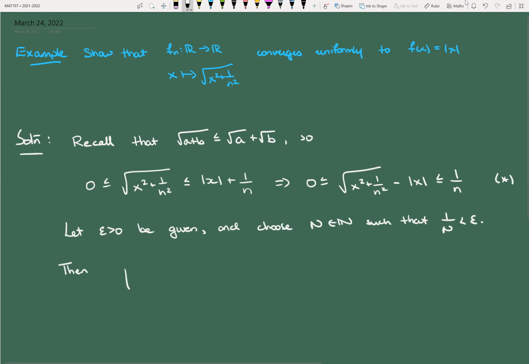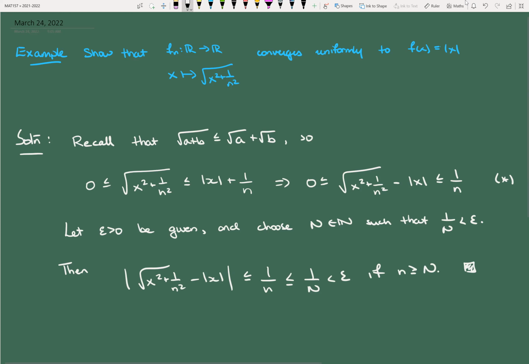Then the square root of x squared plus 1 over n squared minus the absolute value of x, which is the math we did above, is positive, because the square root of x squared plus 1 over n squared is bigger than the absolute value of x. So this is less than or equal to 1 over n, which is less than or equal to 1 over capital N, which is less than epsilon, if n is greater than or equal to N, like so. So great, it converges uniformly.